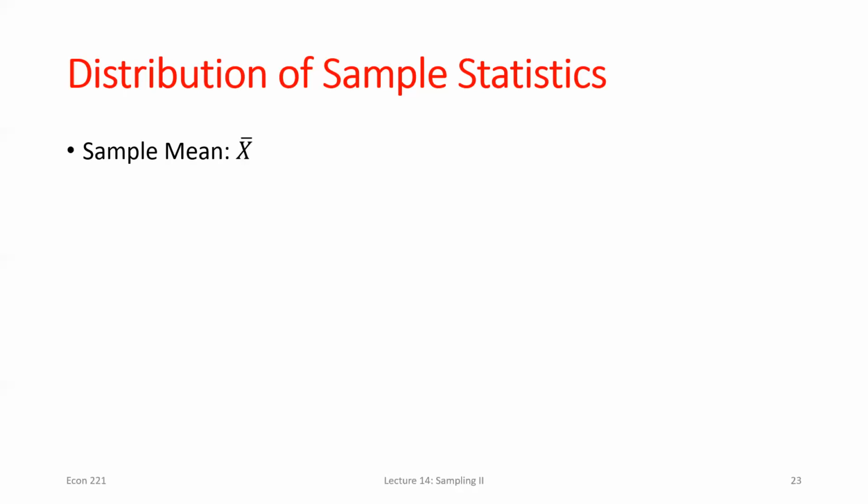If I instead look at the distribution of my sample means, think about what that's going to look like. This is my population data. I could go out and randomly sample, say, 100 people, calculate that sample mean, write that down. Go out and randomly sample another 100 people, calculate the sample mean, write that down. I can continue to do this until I build a pretty big data set where I maybe have 1,000 sample means.